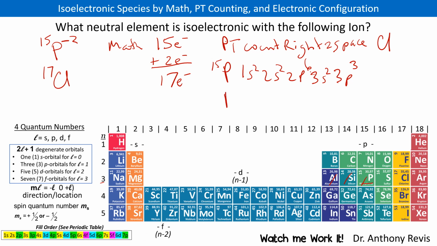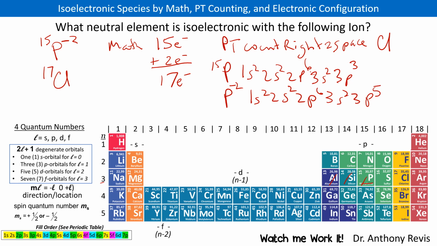So in order to do phosphorus -2, I'm going to rewrite this. And then I'm going to remove 2 electrons. No, I'm going to add 2 electrons. I have 3, 4, now I have a 5.